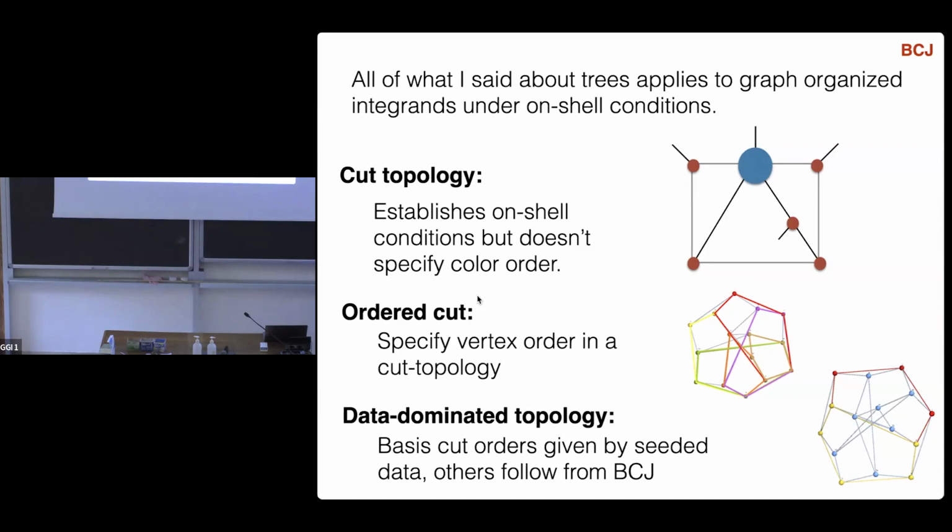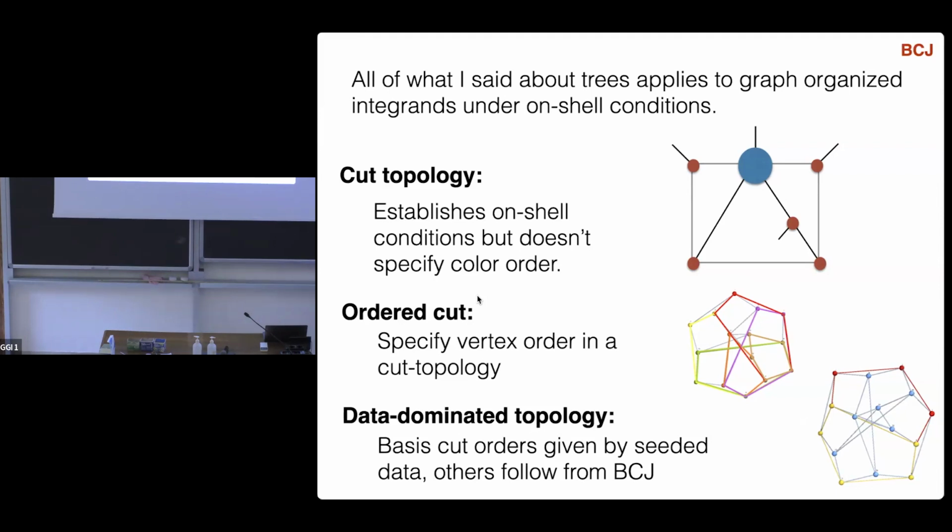Yeah? So what do I mean by a cut topology? I'm establishing the on-shell condition, so each of my blobs you can think of as an amplitude, but I haven't told you the order yet. I'm just telling you the on-shell conditions, right? So an ordered cut is specifying the ordering of the way these guys contribute.